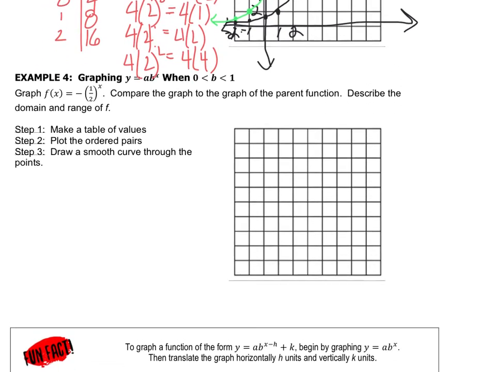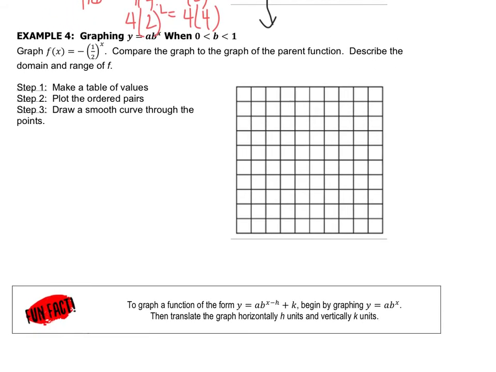So let's look at the next one. So again, let's make a table of values. Again, let's just use -2, -1, 0, 1, and 2.